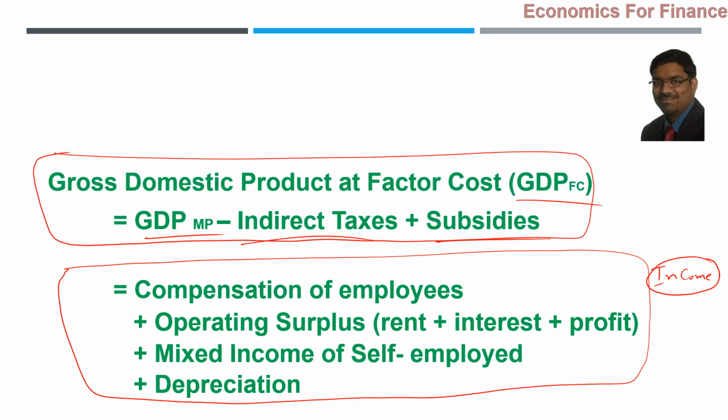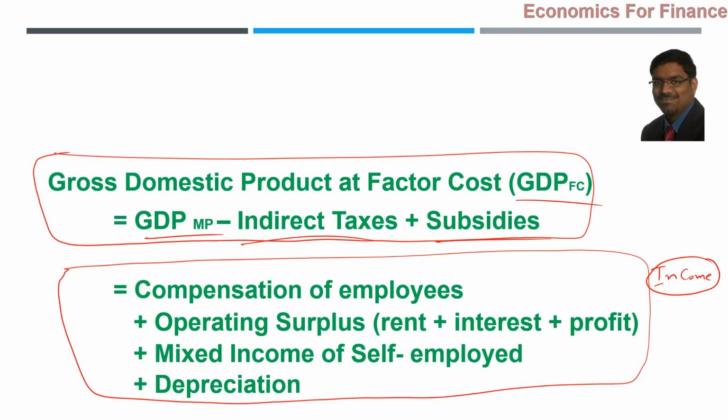Now, if the same gross domestic product at factor cost has to be calculated from the income concept, the income of different types of people in the country, how can it be calculated? This is a completely new formula, from the income side and not the production side.